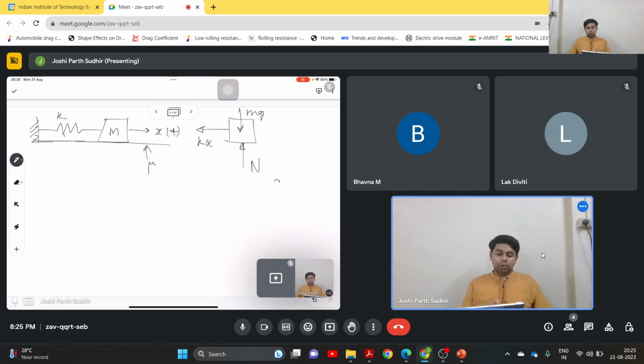Let us say the velocity of the block is positive, going in this direction, the friction force will be opposite to that.